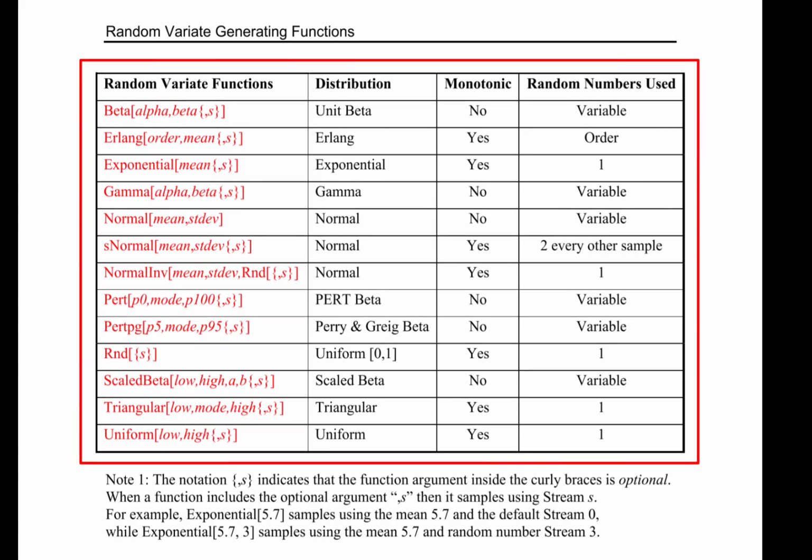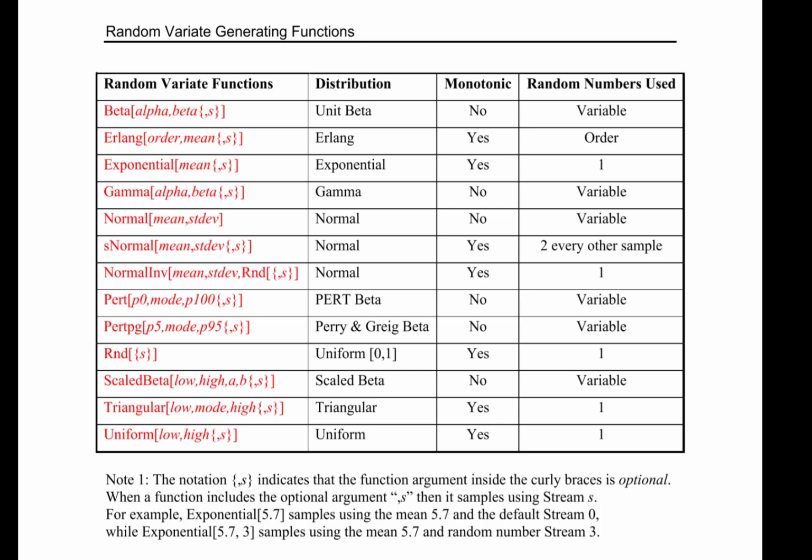This table shows Stroboscope's random variate generating functions. Each one of these functions returns random numbers from a specified distribution, such as beta, Erlang, exponential, gamma, normal, etc. Each one of these functions takes as arguments the parameters of the distribution and an optional argument, s.